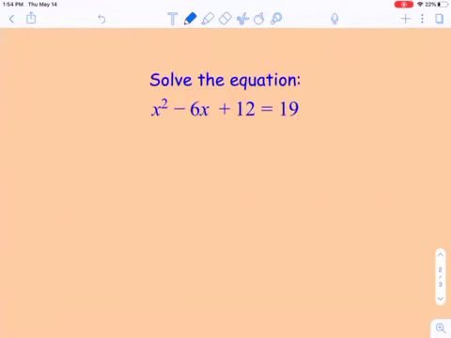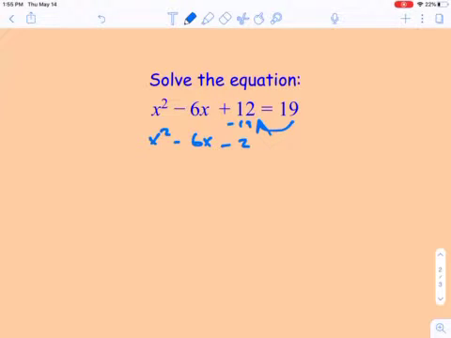So let's just dive into something here. I've got this equation. It's x squared minus 6x plus 12 equals 19. Now, the problem with it is if I move this 19 over here, and I wind up with x squared minus 6x, and then if you subtract 19, I get negative 2. I get something that I can't really solve because there's no factors of 2.